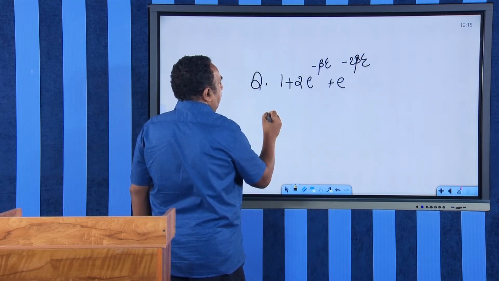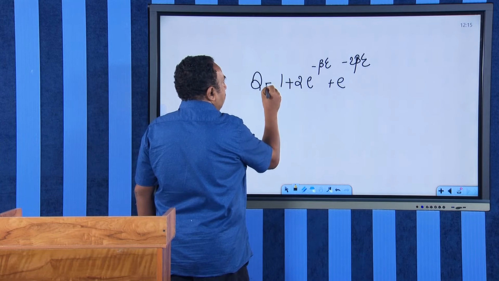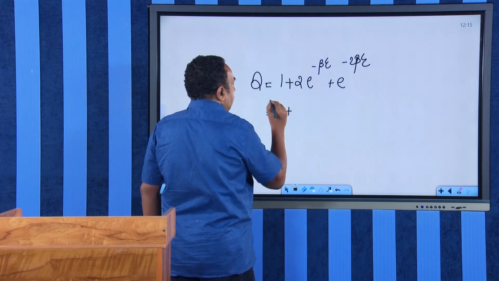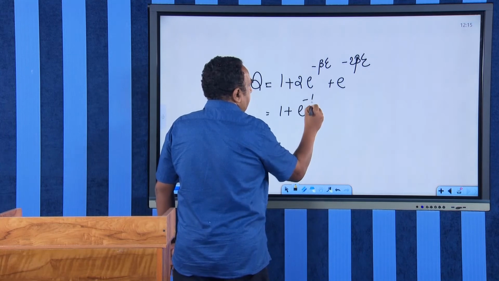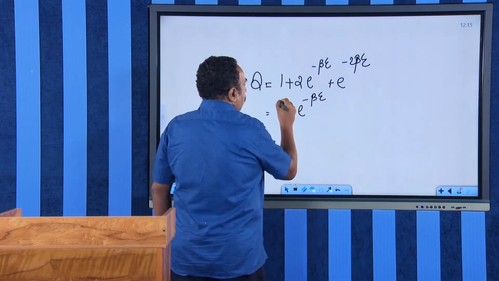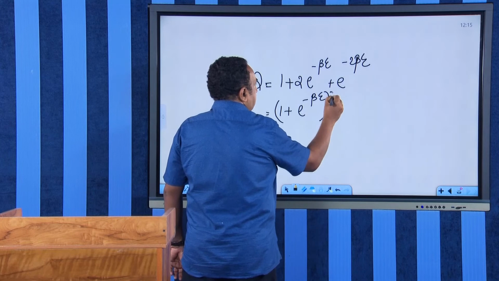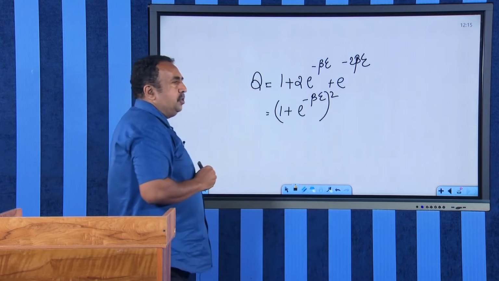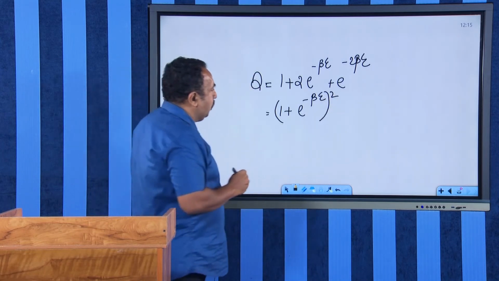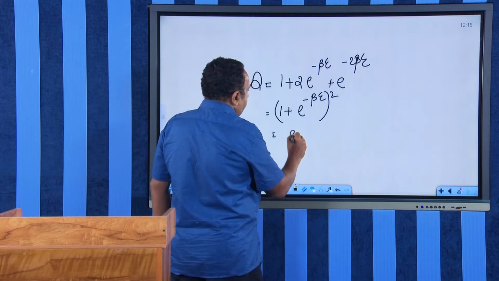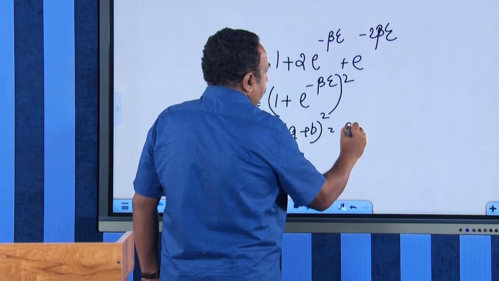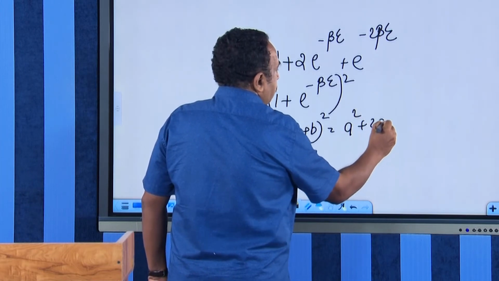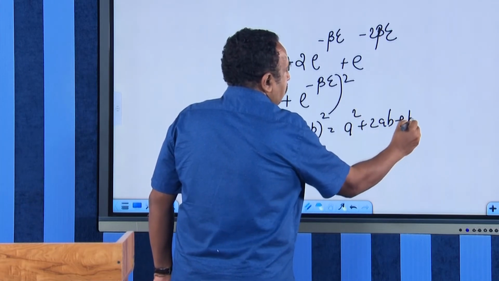Actually, this you will be able to get in your third choice: 1 plus e raised to minus beta epsilon whole square. If I take 1 plus e raised to minus beta epsilon whole square, which is something like a plus b whole square, which is equal to a square plus 2ab plus b square.